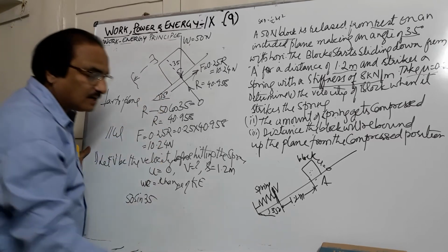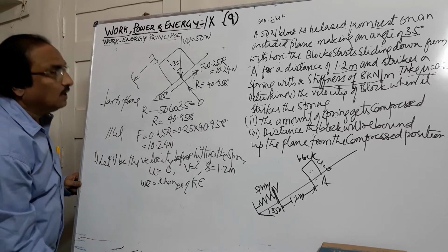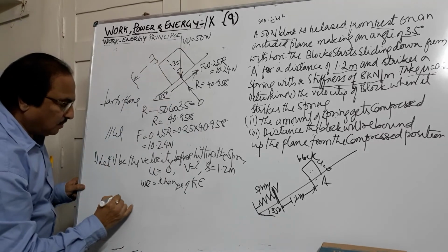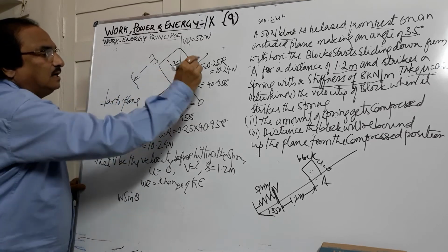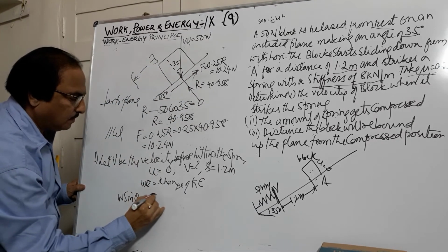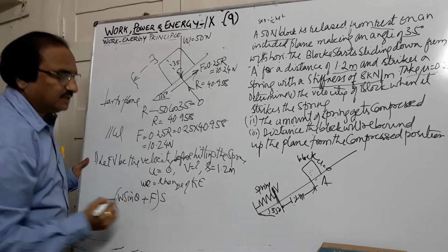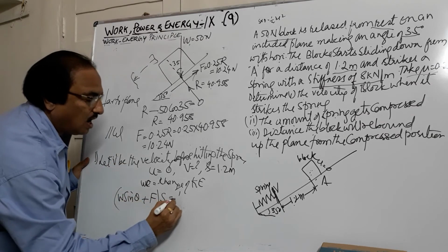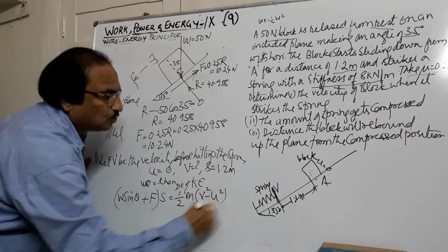Let me write in terms of W: W sine theta plus F. This is the net force acting, and the distance is S, is equal to half of m into v square minus u square.